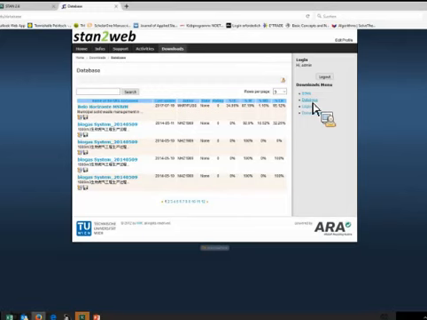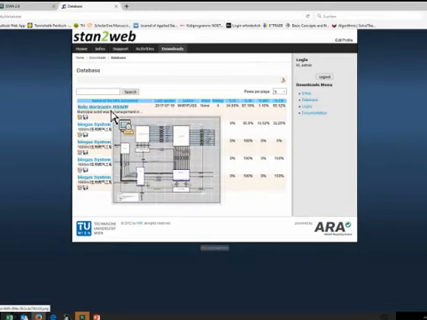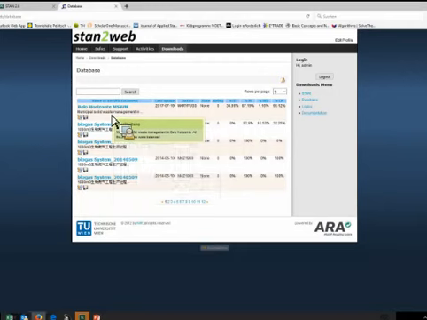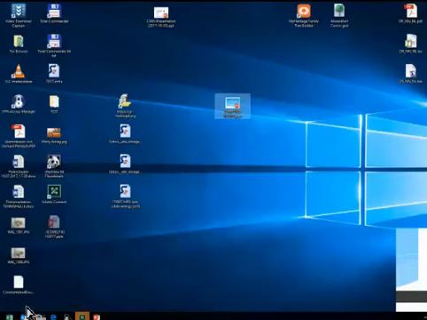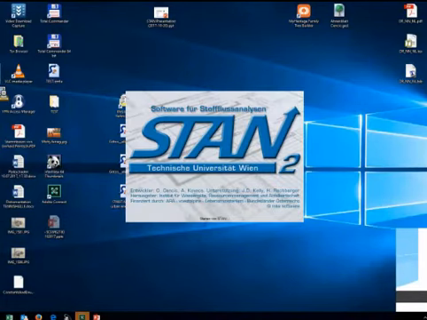You can decide to upload it, and users can then see a preview picture and a description of what the model is about. Users can download these models directly on our website, or, and I think that's the most important thing, you can access this database directly from the STAN user interface.